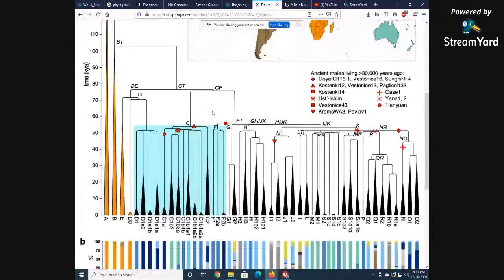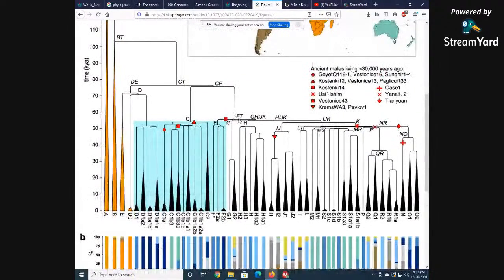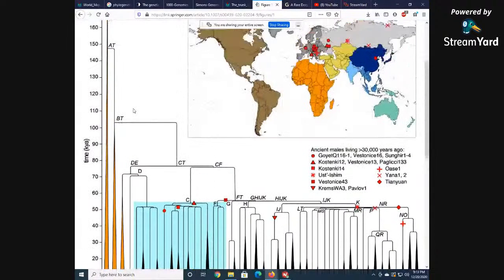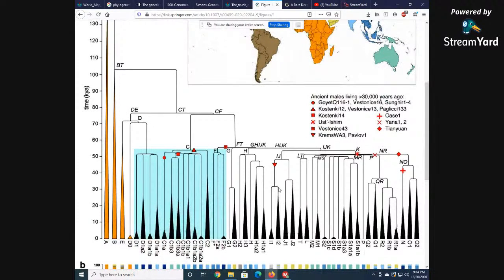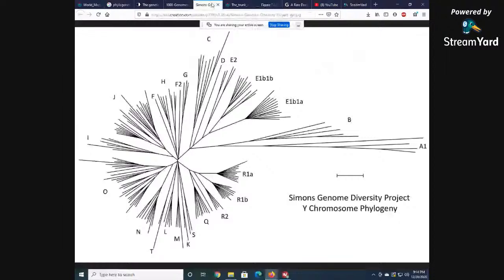But the way they want to represent it here as being A through T, B through T, C through T, F through T, and K through T, which they forgot, is not the fact, because according to the evidence here, the A through E, A, B, C, D, E, belong to their own tree.